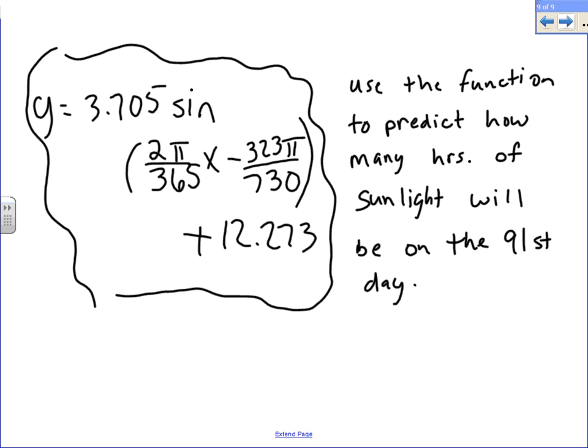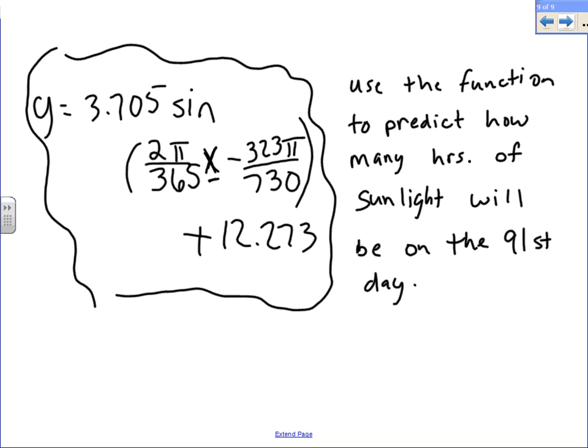Okay, so it's really not that hard. Getting the equation was definitely hard. So once you get the equation, this question is not hard to answer because x here is the number of days. So all we have to do is take 91 and substitute it there for x.